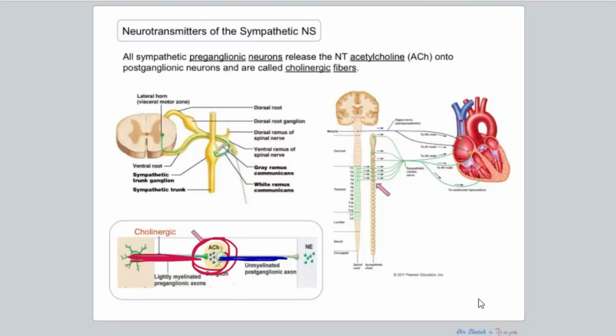And a term that they want you to know is cholinergic. Cholinergic fibers refer to neurons that release the neurotransmitter acetylcholine. So here we have acetylcholine being released onto these postganglionic neurons there.